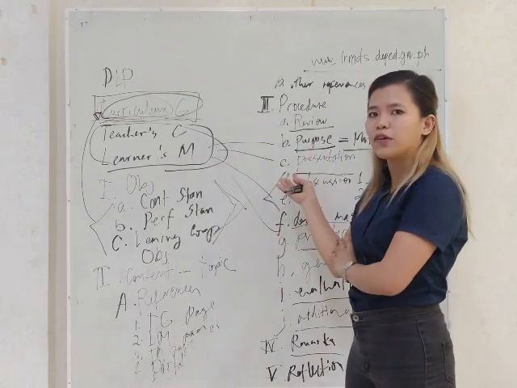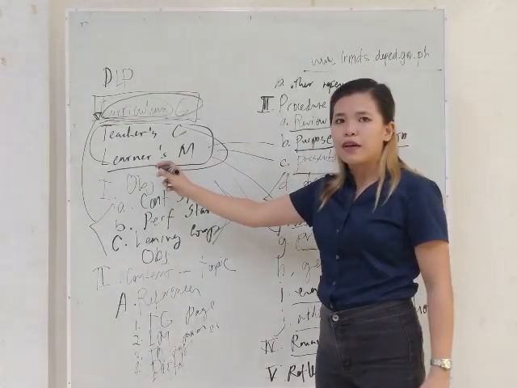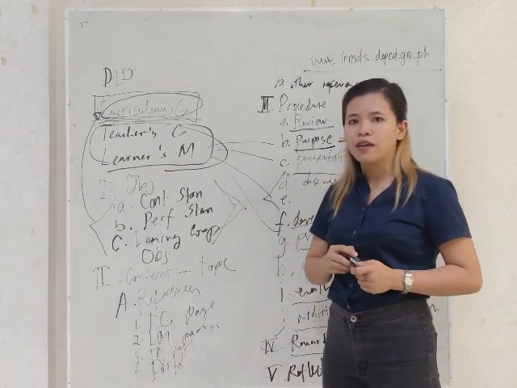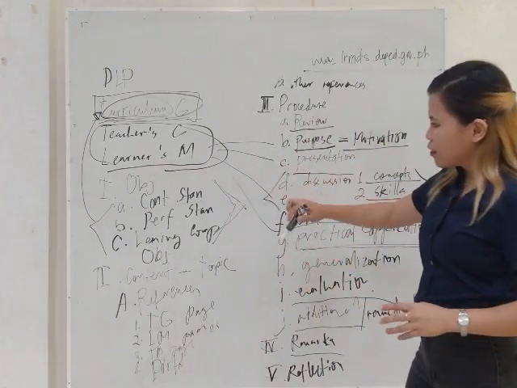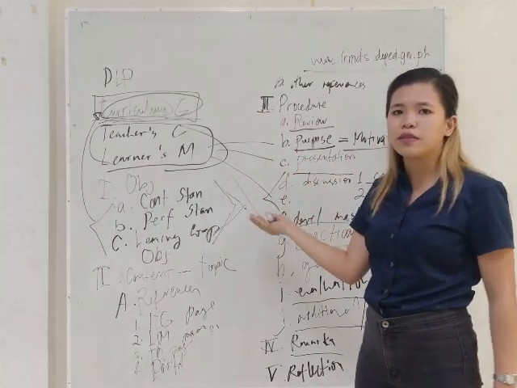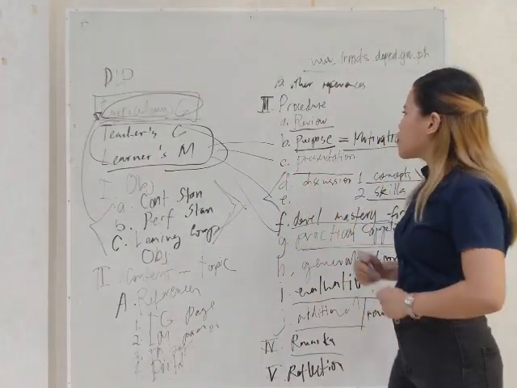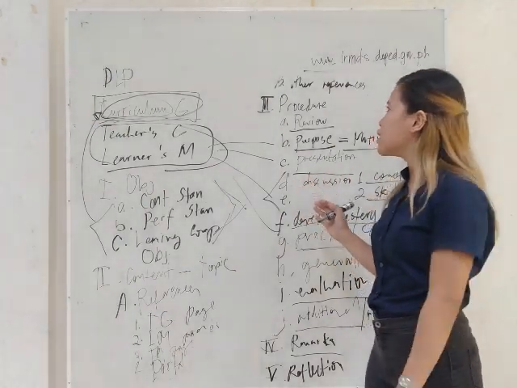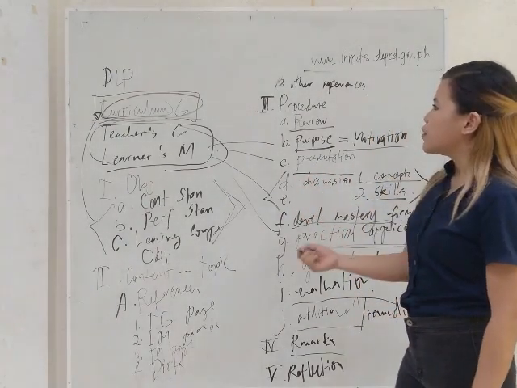You're lucky if it's provided and if it is appropriate for your students. Okay? But otherwise, you should be able to construct your own activities, your own tasks. As a teacher, that's what we should do.